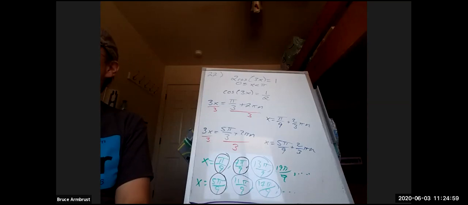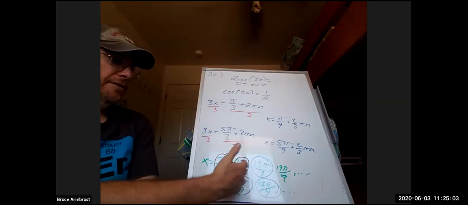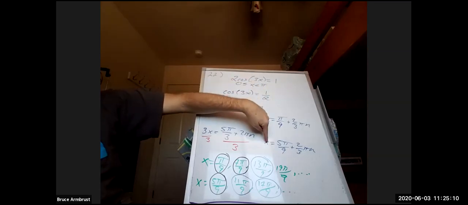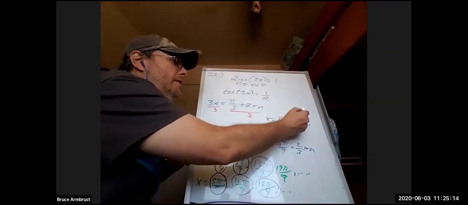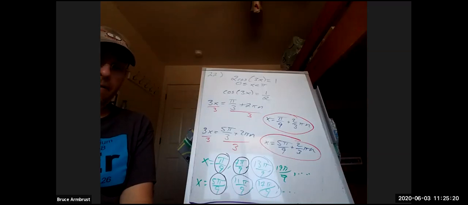Yeah, and that's kind of where I'm getting at, is that depending upon what they ask you, you're going to have to go down a certain distance on this list, which is why I like to, even if they didn't say it, I like to find these expressions right here, which is all of the solutions, right? What I'm circling here in red, that's got all of the solutions, every single one of them.